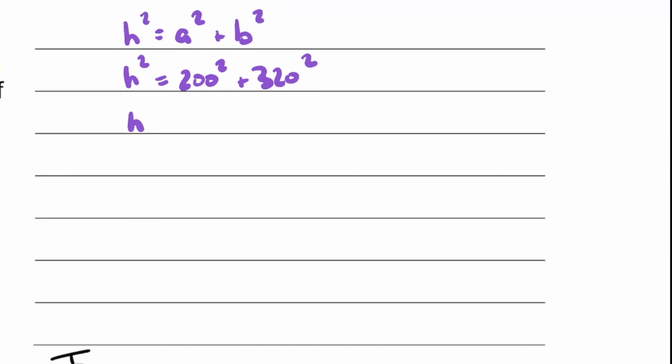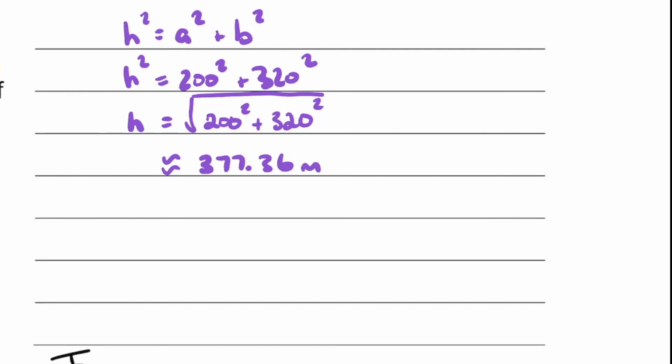Okay, so we square root H squared and we get H. Then I use my square root symbol and I pop in 200 squared plus 320 squared, and we can type that straight into our calculator to give us our approximate answer of 377.36 meters. So again, this is all just two decimal places.